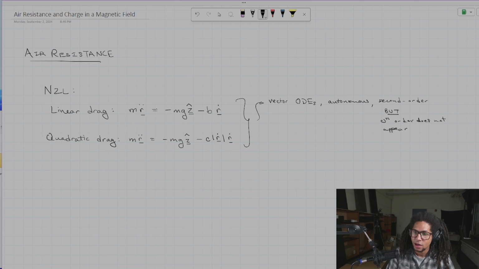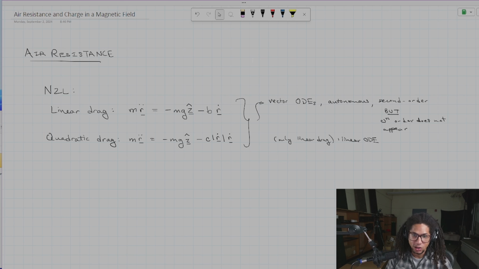All right. Now, there's one more thing that only applies to the first equation, so only linear drag, which is that this is a linear ODE. Okay, and linear differential equations are the sort of bread and butter of any differential equations class. Linear diff EQs have a lot more strategies to solve them.